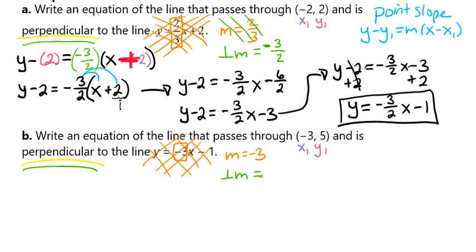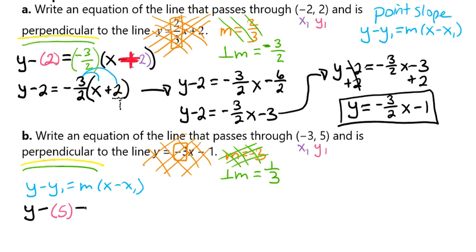So you should have gotten a perpendicular slope of a positive 1/3. And then we don't need the -3 anymore. And then we can plug that into our point slope formula. And so we're able to have y minus our y1 equals our m times x minus x1.